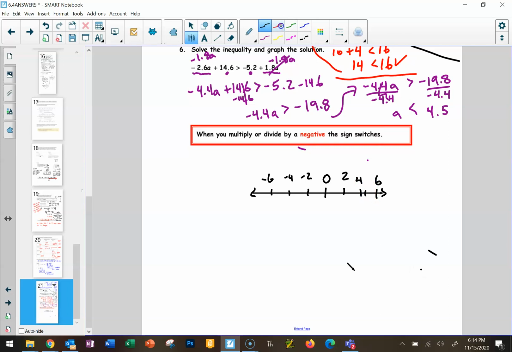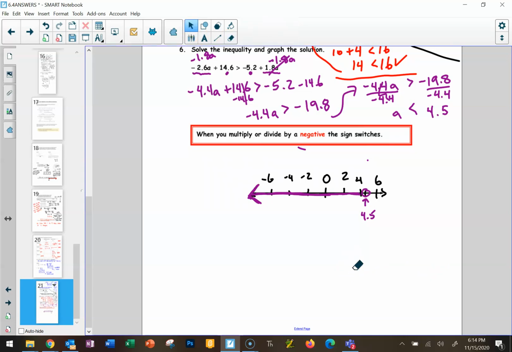So I'm going to circle it in a different color, that purple maybe, and make a note right there that that is 4.5. And then I need it to be less than 4.5, so I do not fill in that dot. I keep it as a circle, and then I know it needs to be less than that. So I'm working my arrow toward the left. And that is all it asked us to do.